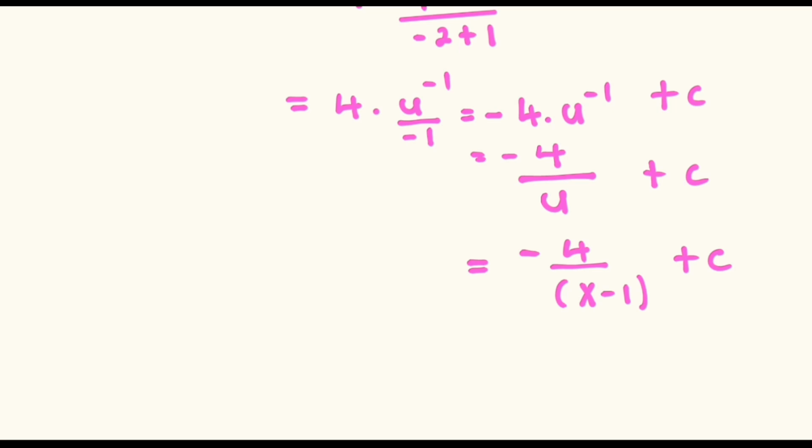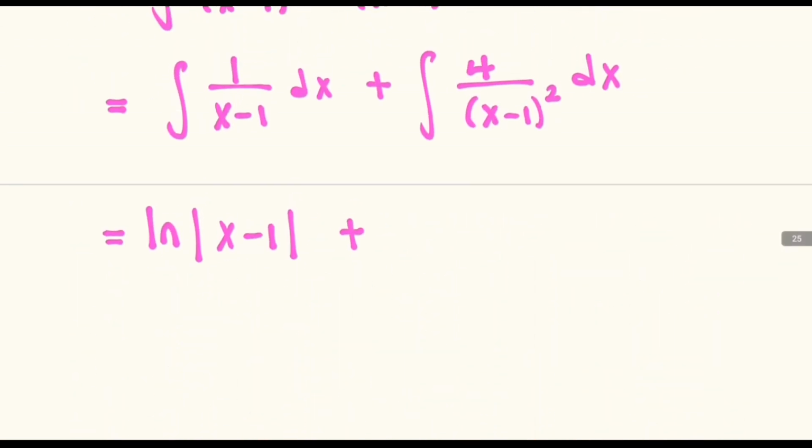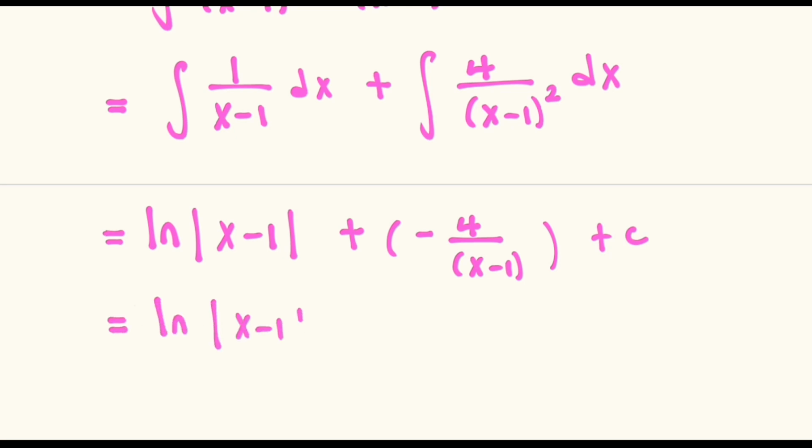So the integral of 4 divided by x minus 1 squared will be equal to negative 4 divided by x minus 1 plus c, and this will be equal to ln of x minus 1 plus, we can distribute this negative to the denominator, and this will be equal to 4 divided by 1 minus x plus our constant c.